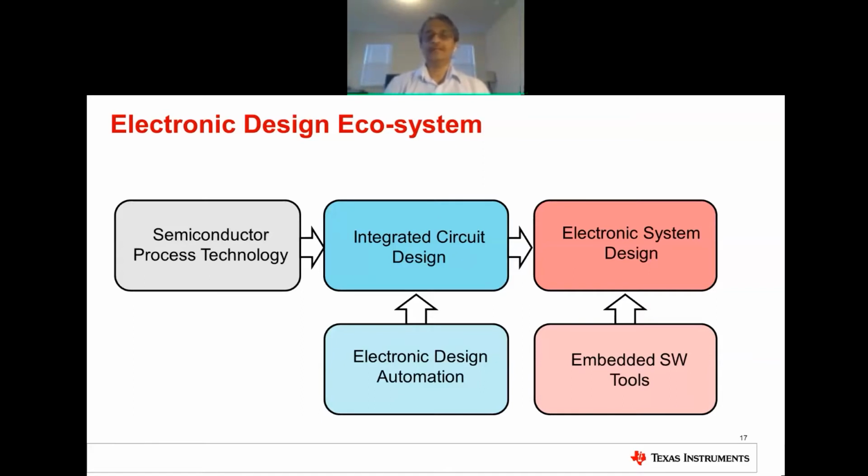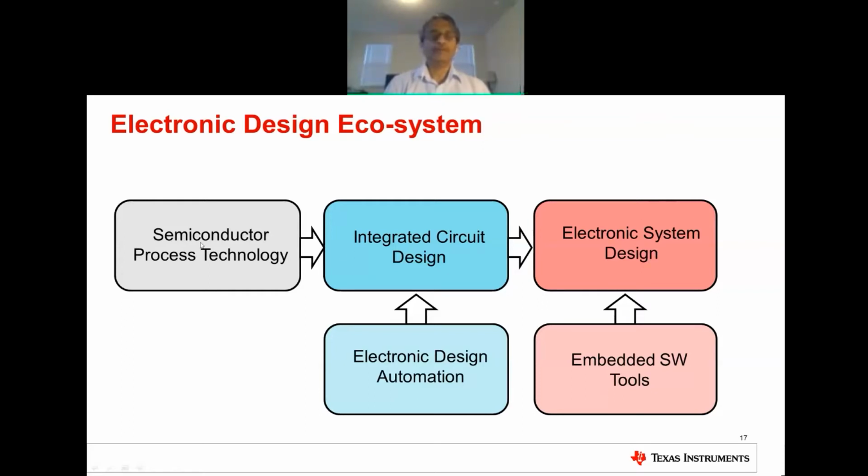There are many areas, your health and fitness and so on. And those are the electronic systems that build on top of these integrated circuits, connecting many of them and really building embedded software to realize your end system functionality. So there is this whole area of embedded system design or electronic system design, which is also really important.